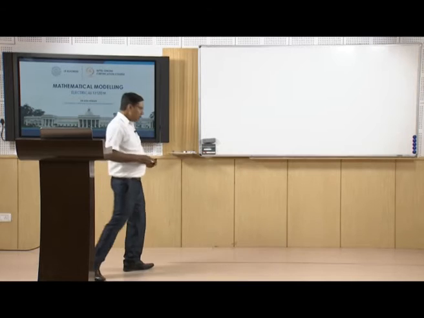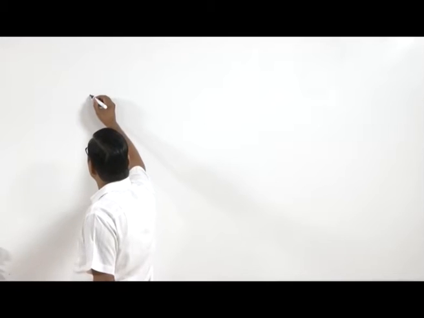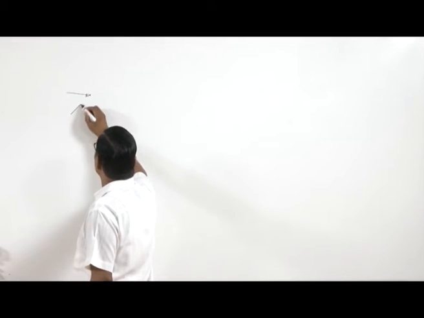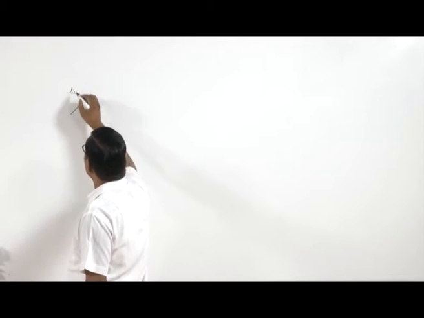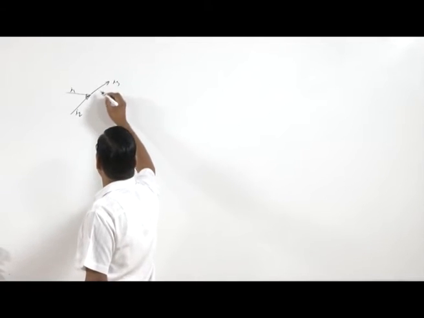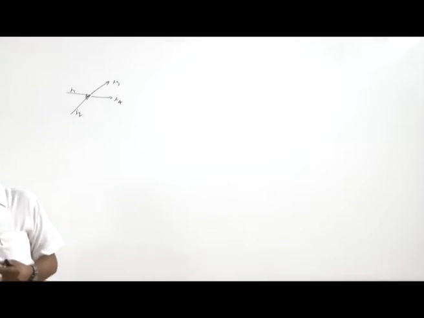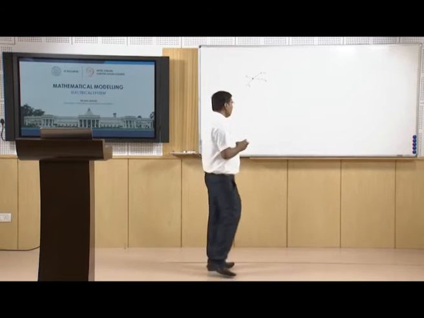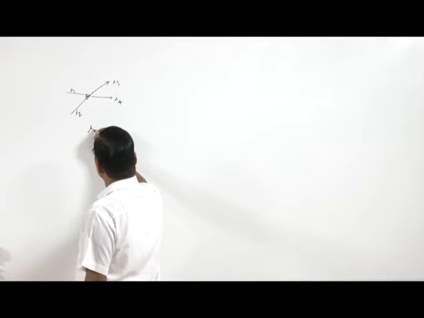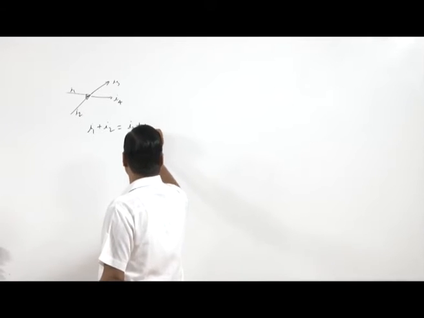So, if we have some electrical circuit and there is some point in it with currents I1, I2 coming in and I3, I4 leaving, then according to this current law, I1 plus I2 equals I3 plus I4.